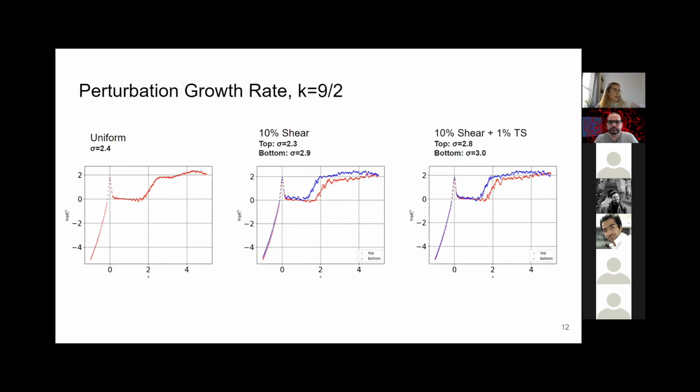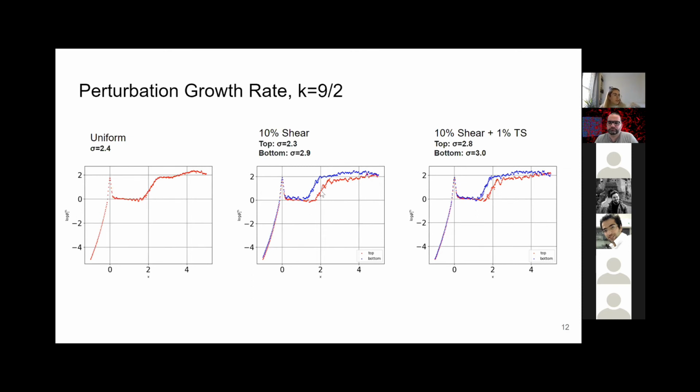So on the next slide, I'll just show you what's going on there. So this is the results for our 9/2 case. And you can see that at the location of the turbine, we have a spike, which is where our forcing term is. And then we have a period of receptivity while the perturbation is not doing much. And then after that, we have a linear portion. And so on this log graph, that's an exponential growth of the perturbation.